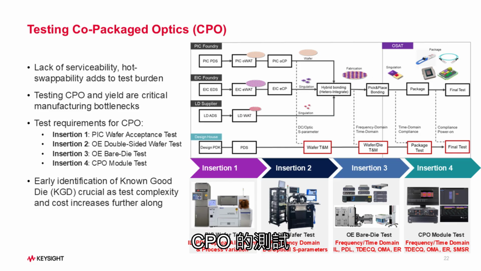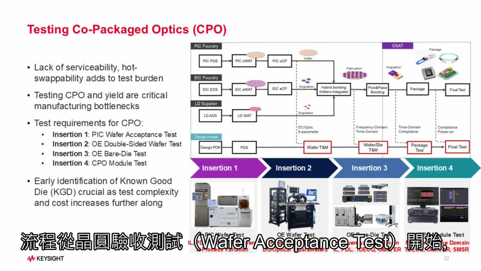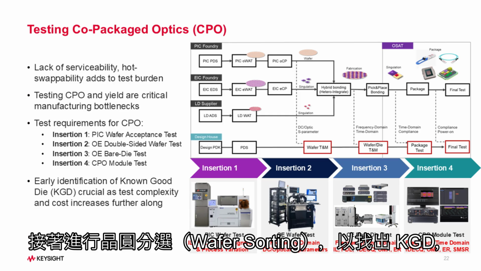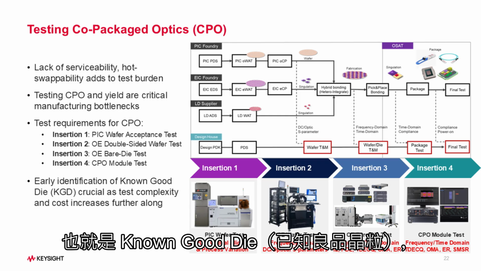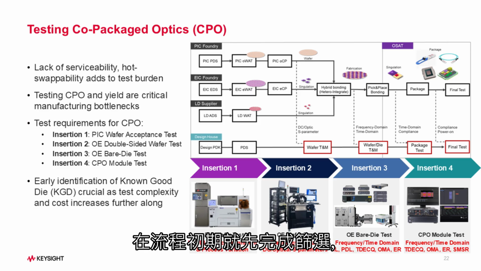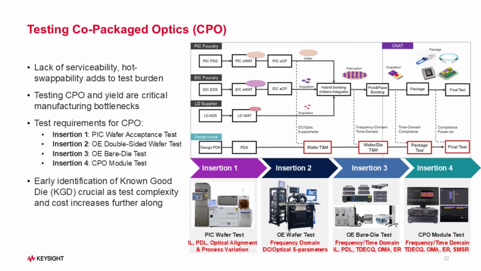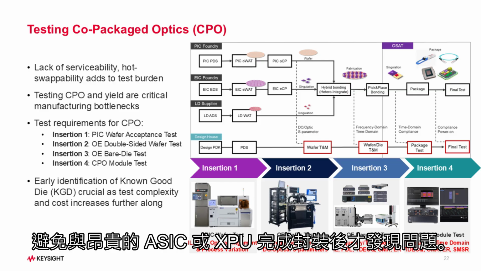The CPO test workflow starts with wafer acceptance testing and wafer sorting in an attempt to identify KGDs, or known good dies, early on in the process before they get packaged with very expensive ASICs or XPUs in this case.